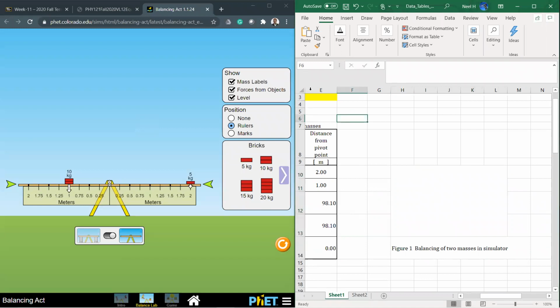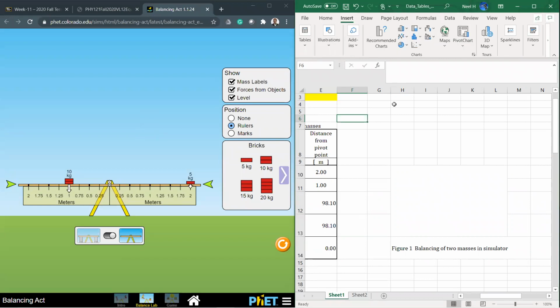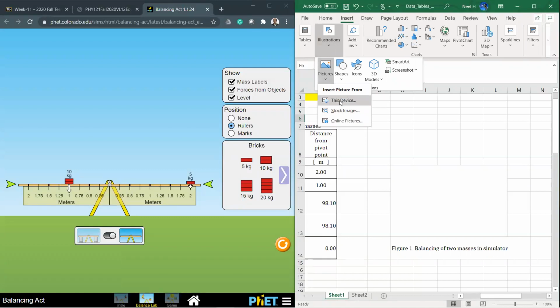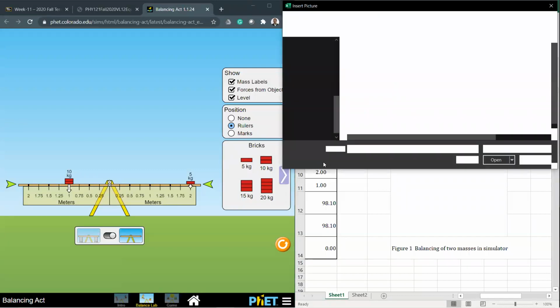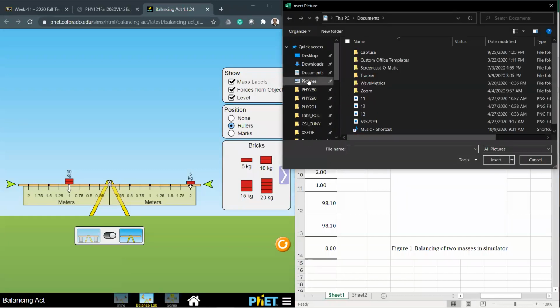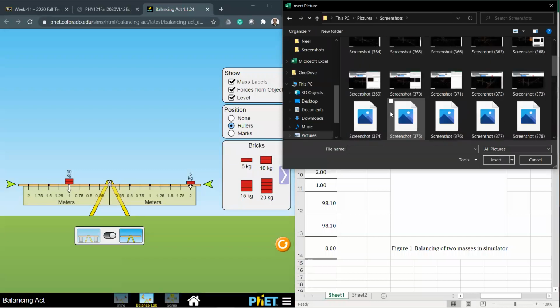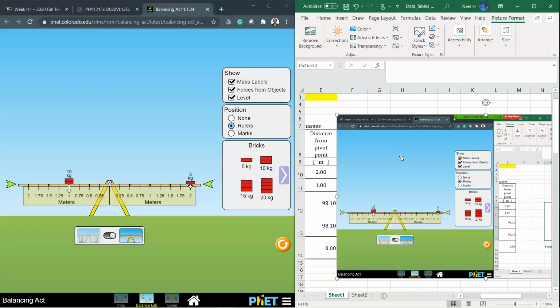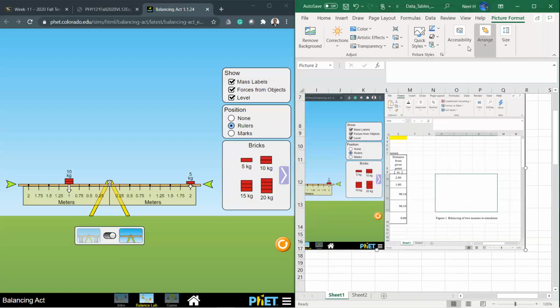Let's take a screenshot and then add that screenshot here: balancing of two masses on the simulator. And let's crop out anything unnecessary.